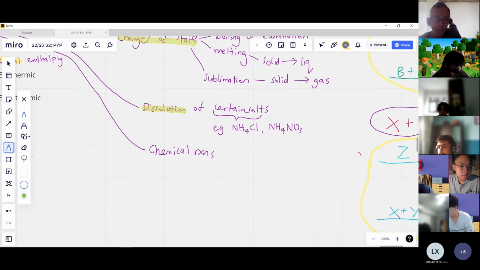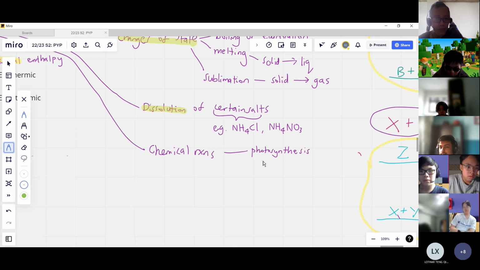Okay, one of them is actually photosynthesis. Yes, by the way, guys, photosynthesis is a biochemical reaction. The other one also, in fact, it is not very common in the exam. The other one will be thermal decomposition.